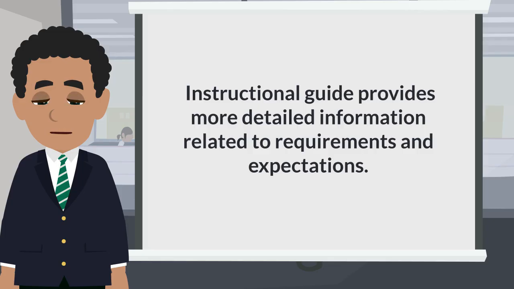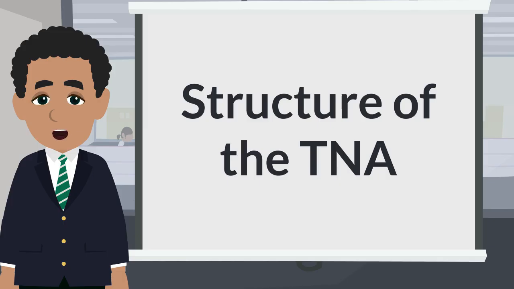Please note, in addition to this training, you will receive an instructional guide that provides more detailed information related to requirements and expectations. The Needs and Resource Assessment portion of the TNA is organized into 4 steps. Each step builds on the one before it, and together they form the foundation of the Treatment and Support Services Plan.